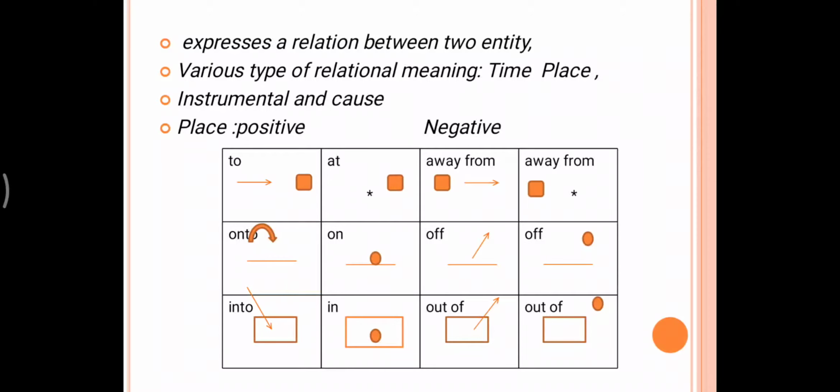Next is, if you are away from, you can go and write in the sense. Out of, it may be a position, and the position may be indicated in such a way. Out of, it indicates out of. The position is indicated here.